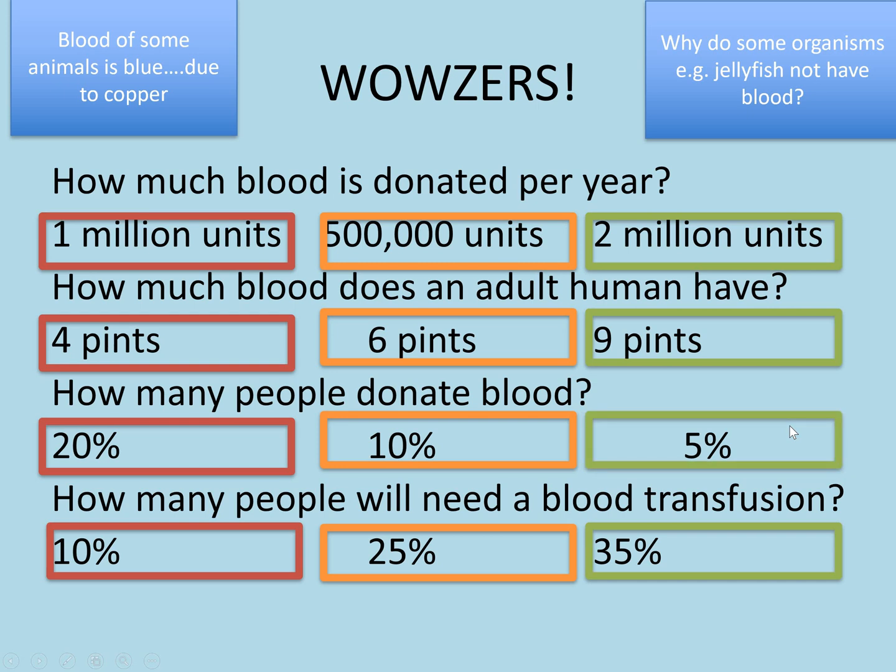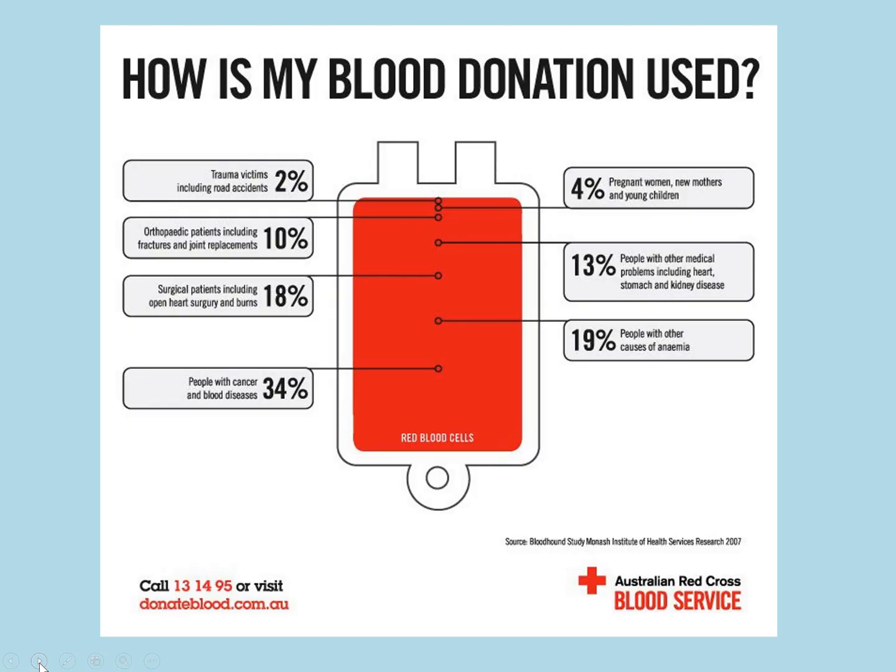Sadly, it's the lowest. Only 5% of people donate blood in their lifetime to others. How many people will need a blood transfusion in their lifetime? It is 25%. A quarter of the population will need some kind of blood transfusion for some reason or another at some point in their lifetime. So that's our little starter activity.